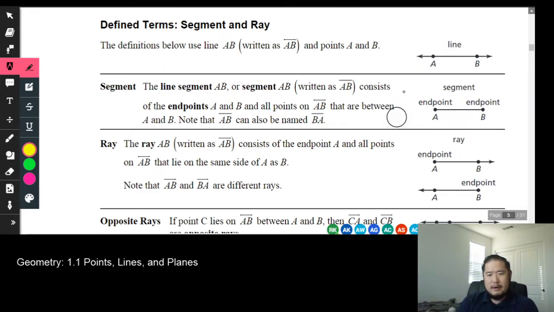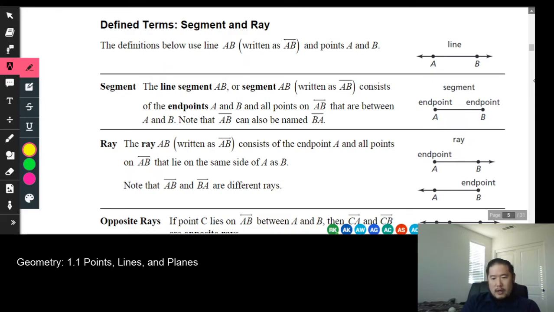Next up, we talk about a ray. A ray has one endpoint, that's the starting point, and then it goes through another point and it continues without end. Now, when we label or describe a ray, we always start with the endpoint.